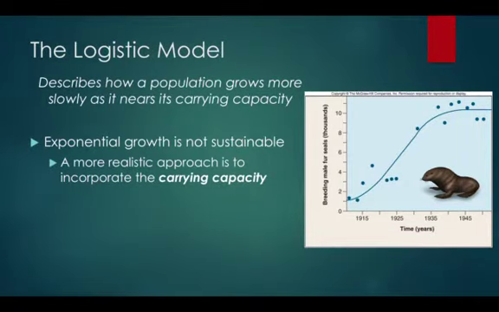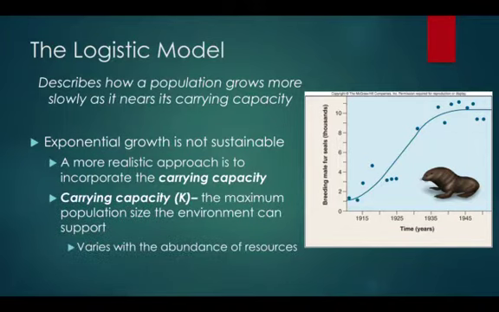The logistic model describes how population grows more slowly as it nears that carrying capacity. Exponential growth is not sustainable. There's only so many resources in the environment, and eventually a carrying capacity has to be hit. A more realistic approach is to incorporate that carrying capacity.